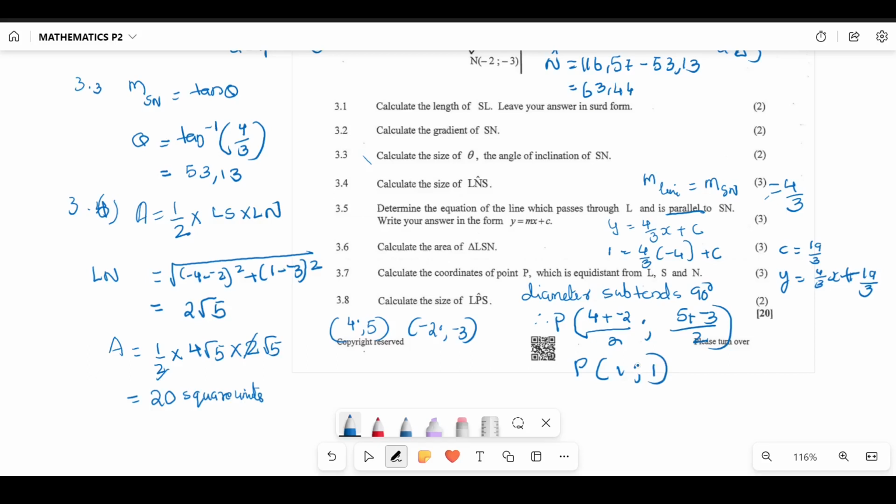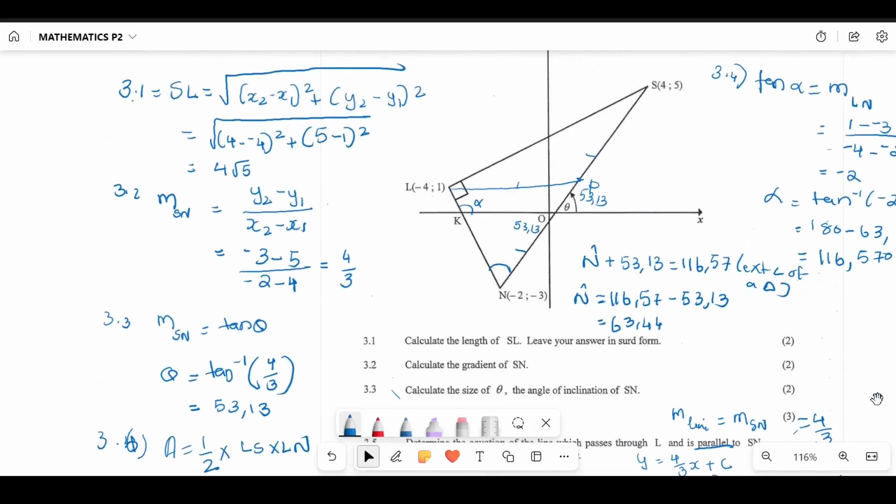Now calculate the size of angle LPS. So we must look at LP. LPS means you are asked to find this angle. It's an angle at the center of the circle passing through S, L and N. So these two are radii, so these two angles are equal. You can then find the third angle in the triangle. Let's start by finding angle X. We just found that N is 63,44.